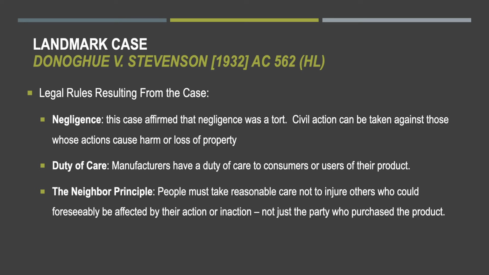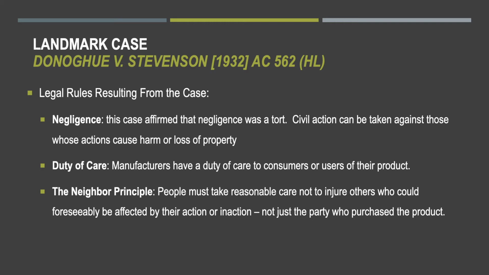So the first thing of significance here is that the case affirmed that negligence was a tort. It affirmed that civil action can be taken against those whose actions cause harm or loss of property. It also established the notion of duty of care and said that manufacturers have a duty of care to consumers or users of this product. This was significantly different.